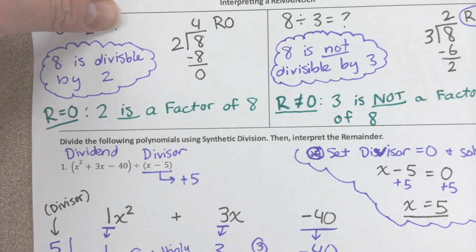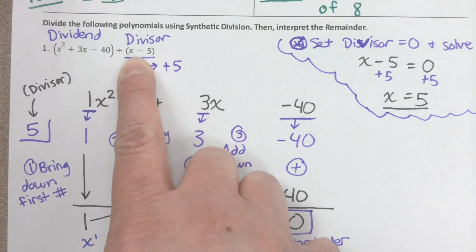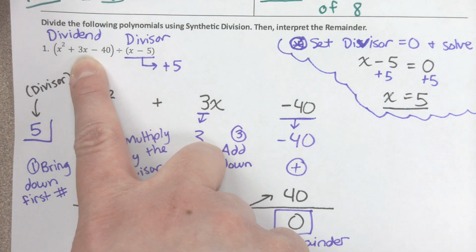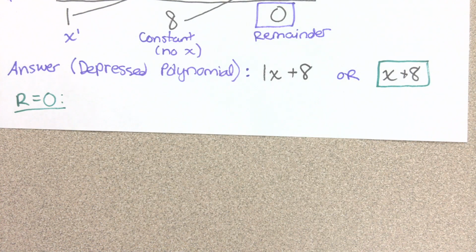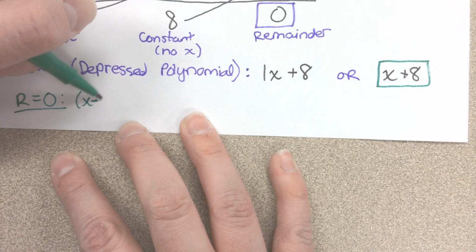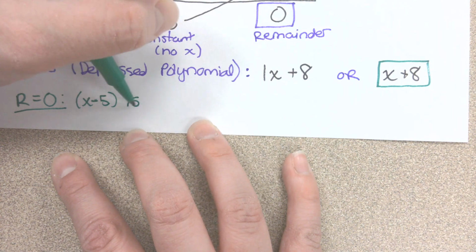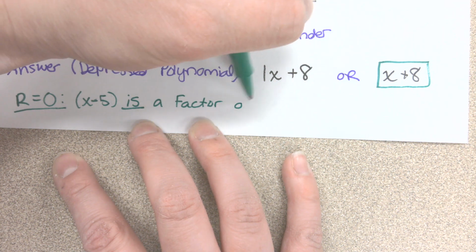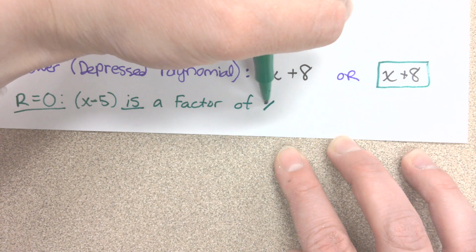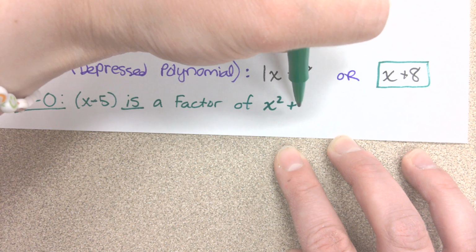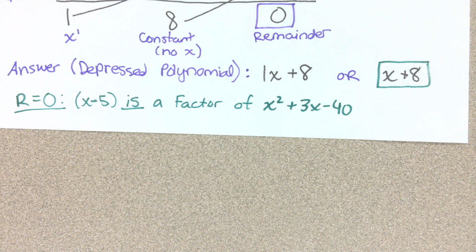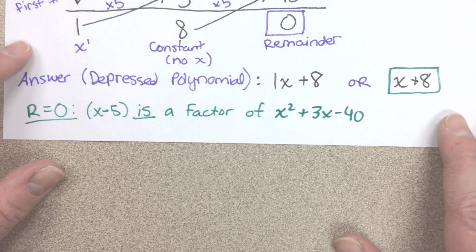So we're going to write the same thing. X minus 5 is a factor of our original polynomial, x squared plus 3x minus 40. That's interpreting the remainder.